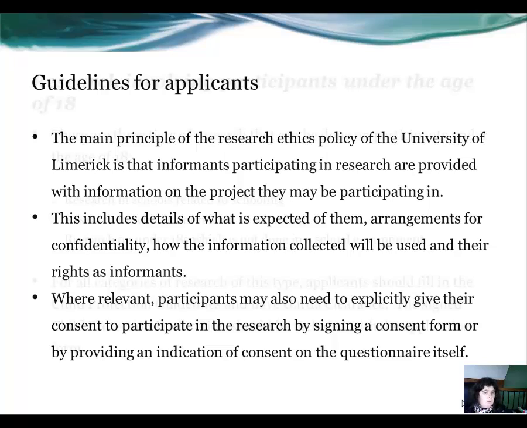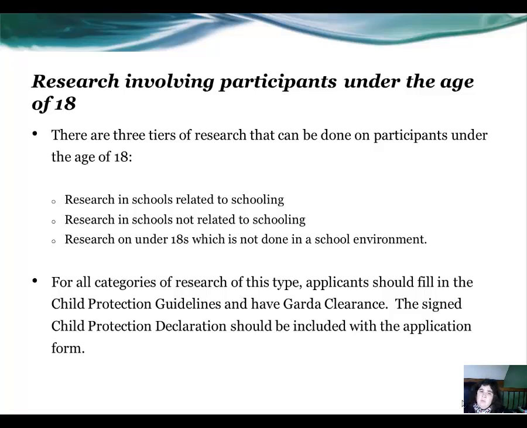Are you allowed to include participants under the age of 18? Well, there are 3 tiers of research that can be done on participants under the age of 18. Research in schools related to schooling, research in schools not related to schooling, and research on under 18s which is not done in a school environment.